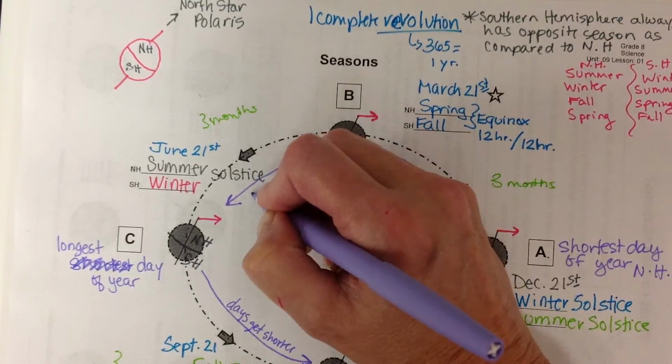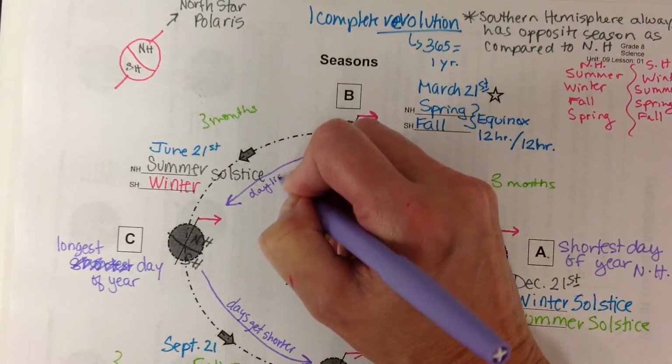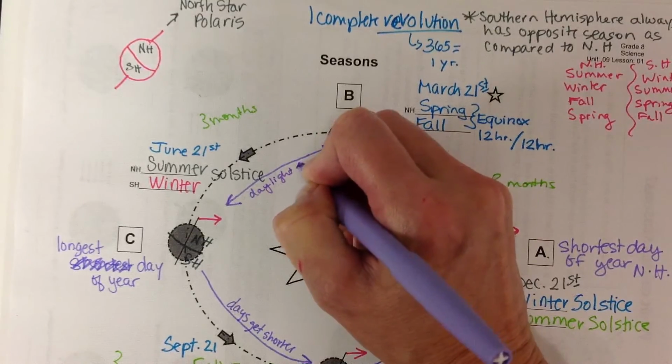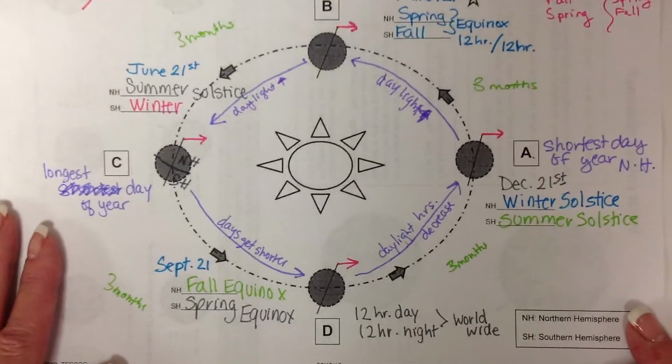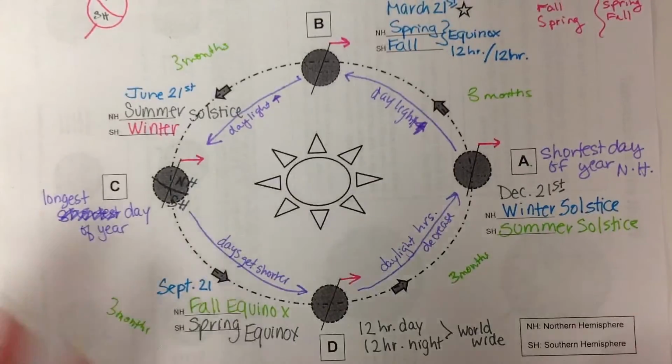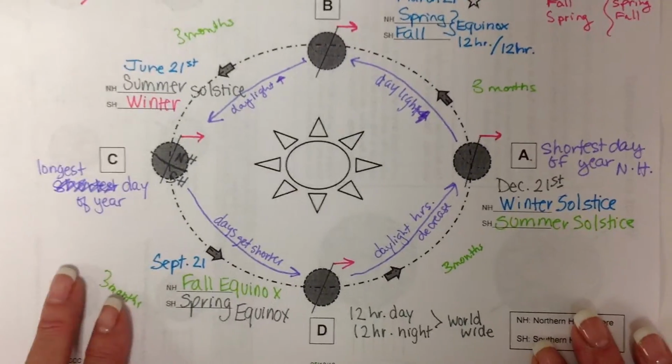So our daylight is increasing till we get to our longest day of the year. All right, so that's basically a recap of the seasons diagram. If you need any help or any further explanation, feel free to come and see me.